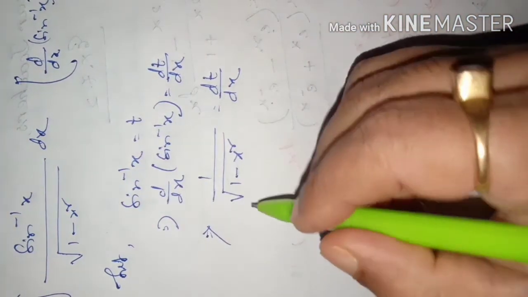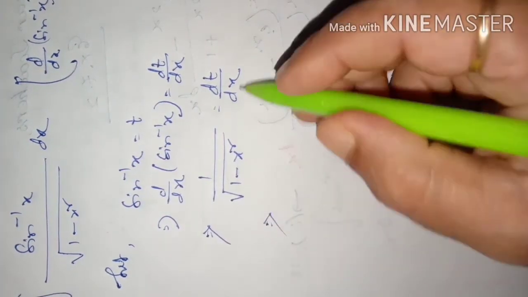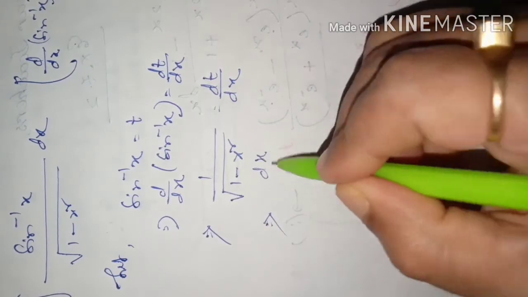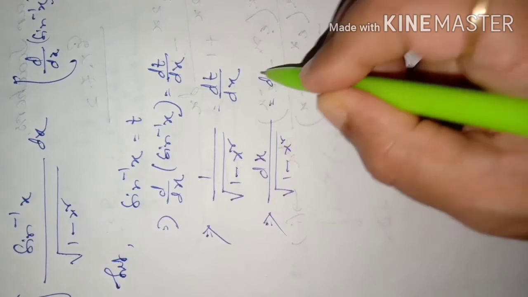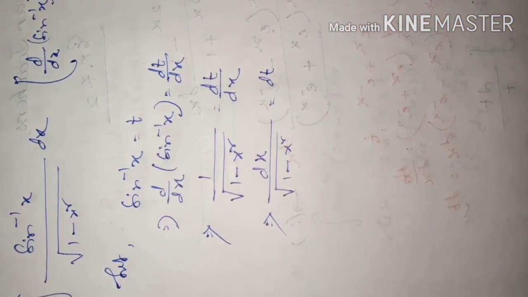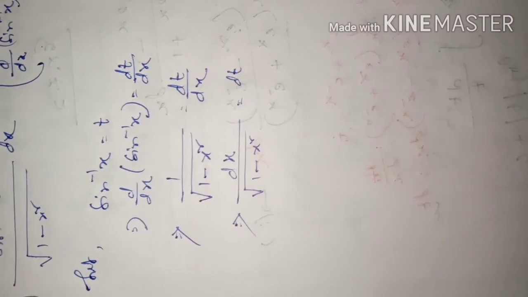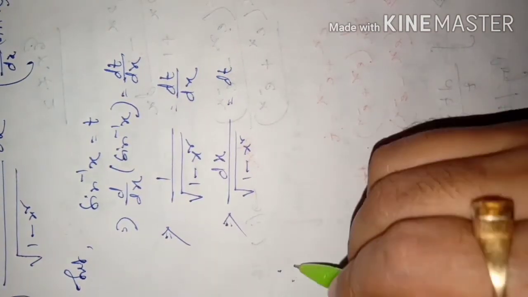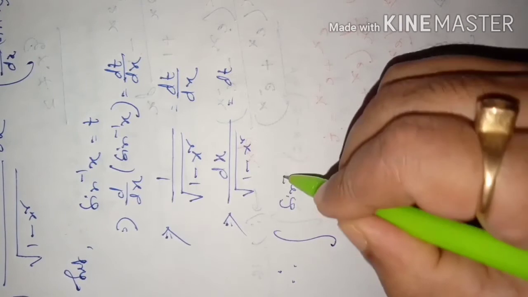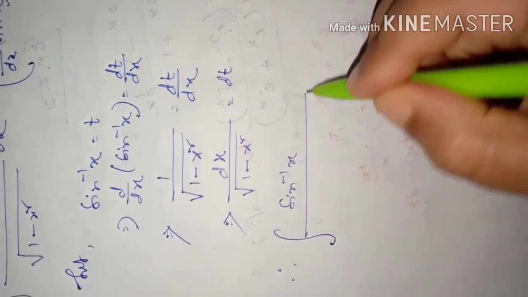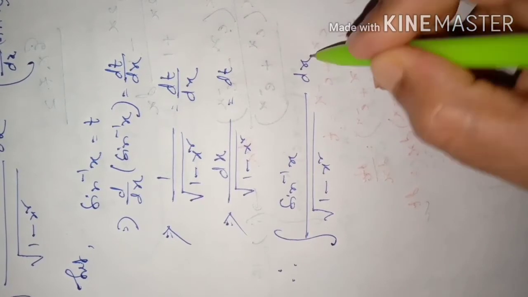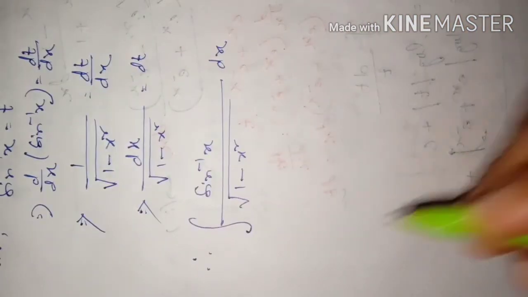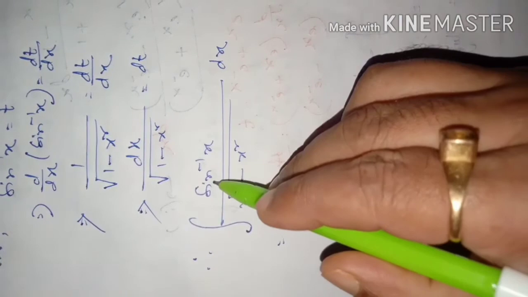So here, dx you take on this side, dx by under root 1 minus x square is equal to dt. Okay, so now therefore integration of sine inverse x divided by under root 1 minus x square dx. So the integration of sine inverse x is what?